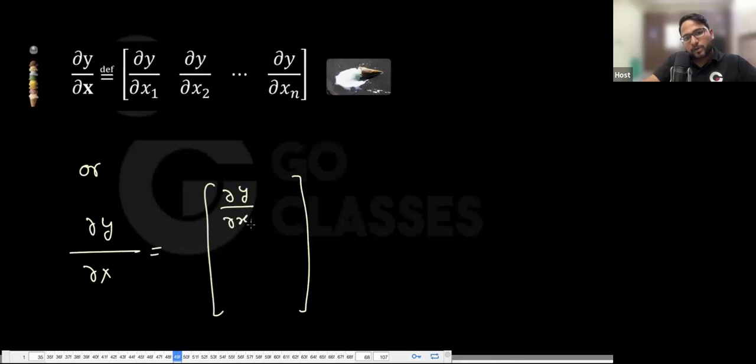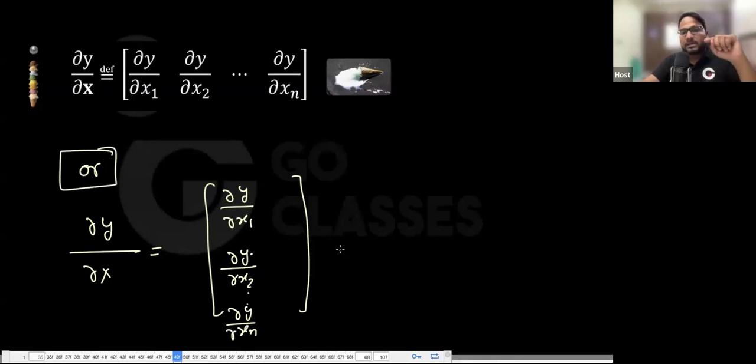That means if y is a scalar and x is a vector, the result can be the scalar with respect to the first component of the vector, the scalar with respect to the second component of the vector, and so on. So this is your choice. Either this or this. You can write it as a row vector or as a column vector.